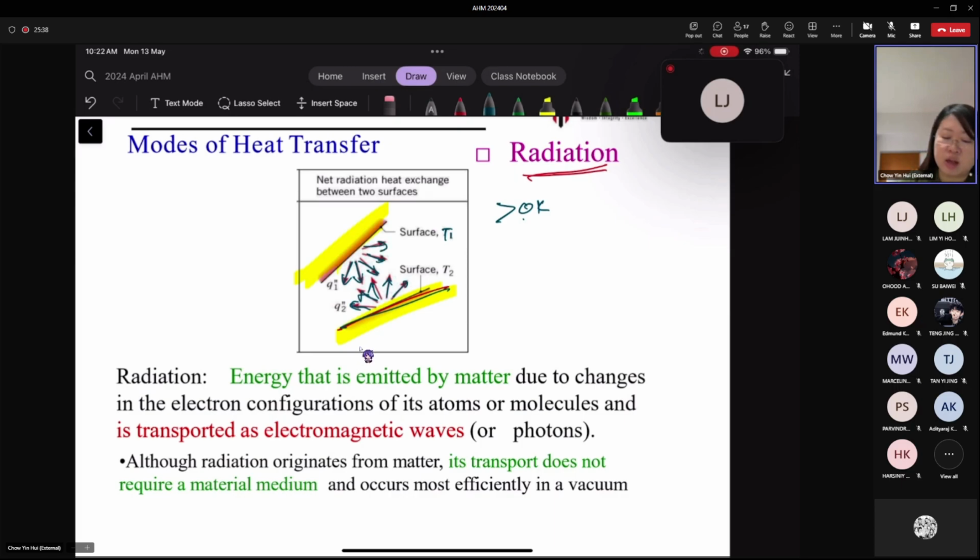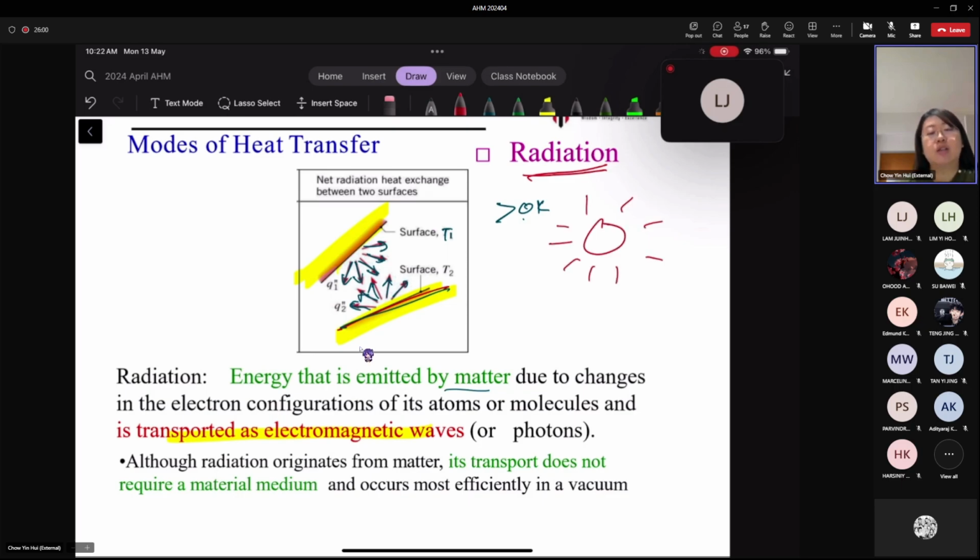Right? So it is energy that is emitted by matter due to the changes in the electron configuration of its atoms and molecules, and is transported as electromagnetic waves. All right. An example of radiation would be the sun, heat transfer from the sun.